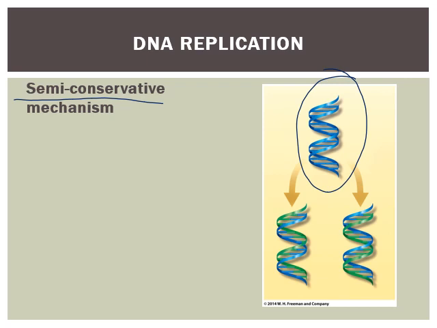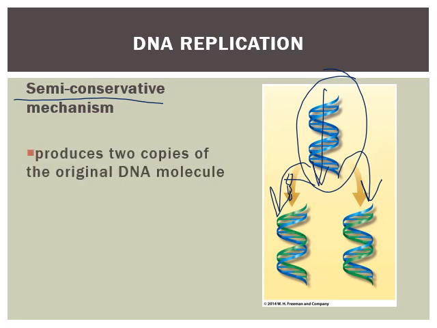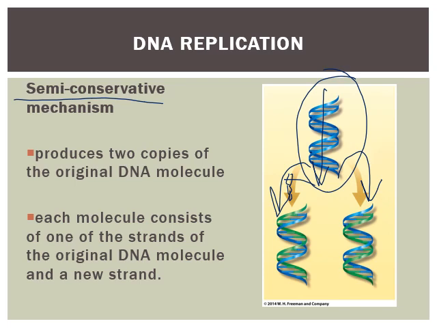It's gonna unzip it right down the middle here, and it's gonna create one blue strand over here, one blue strand over here. DNA polymerase is gonna link up to it, start complementary base pairing everything, and that's gonna make this green strand.